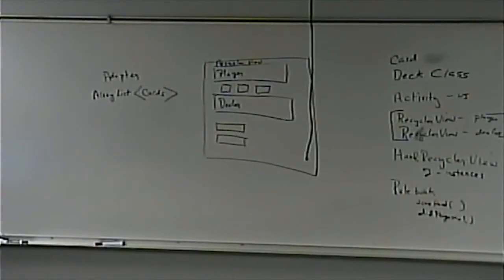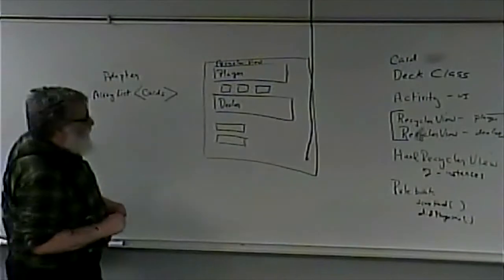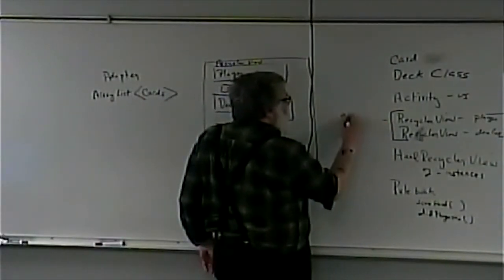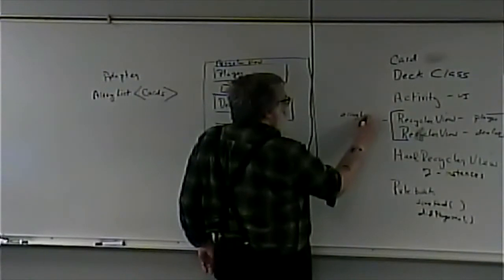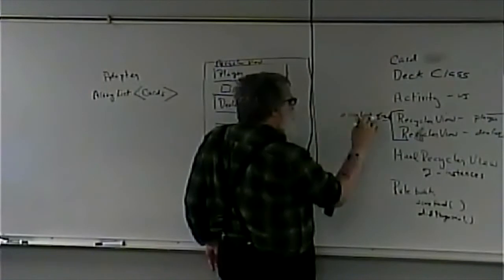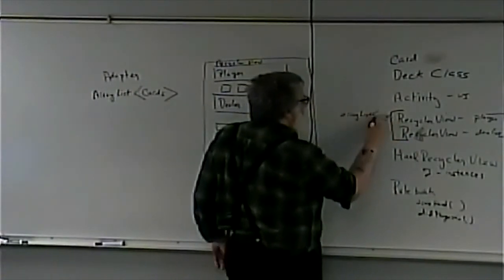That's one place where the cards are going to go, is in the adapter. Okay, because remember, you need that. So you're going to have, in this recycler view, an array list of cards. All right, I should write it out.